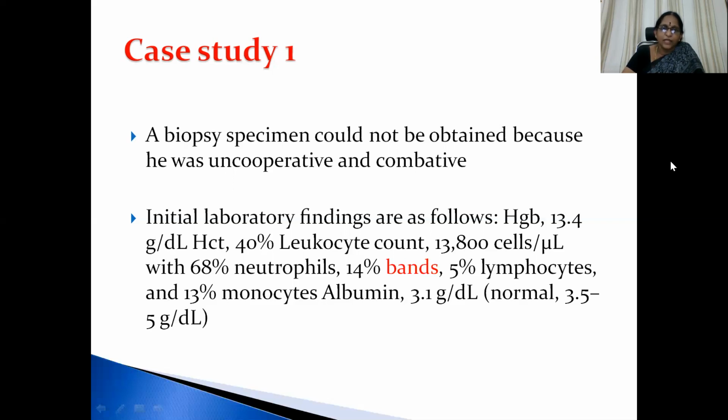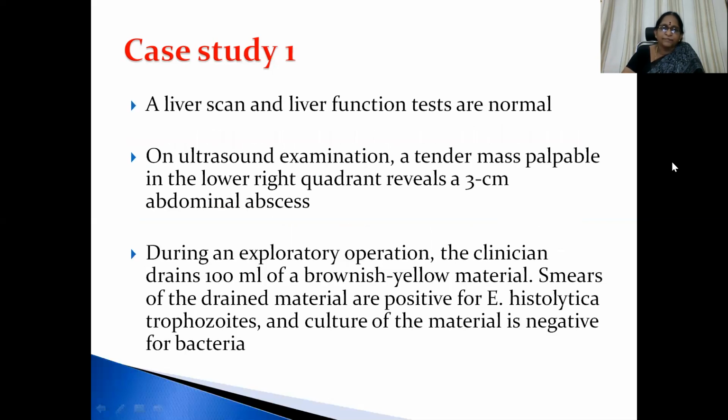So leave it. Initial laboratory findings are as follows: hemoglobin 13.4, 40% leukocytes, 5% lymphocytes, and everything is normal in this picture. The clinical picture has nothing particular. Then a liver scan and liver function tests are normal. On ultrasound examination, a tender mass palpable in the lower right quadrant reveals a 3 cm abdominal abscess.